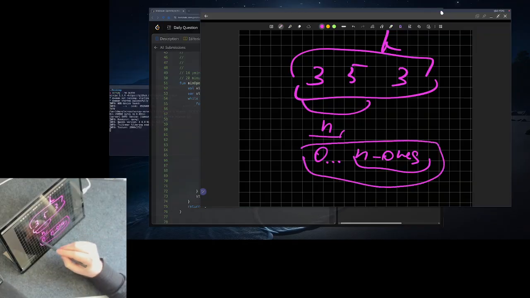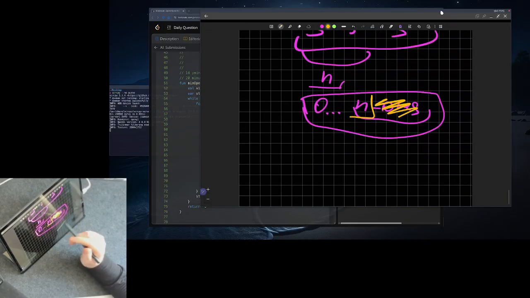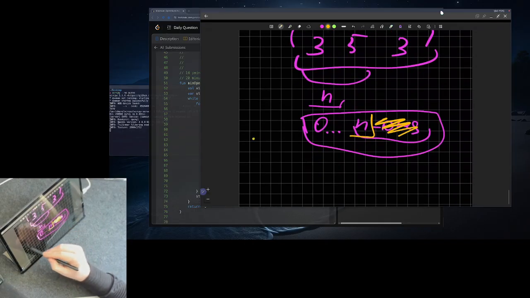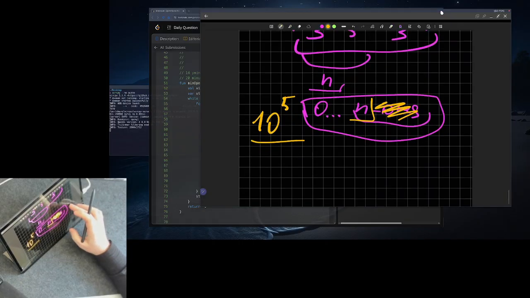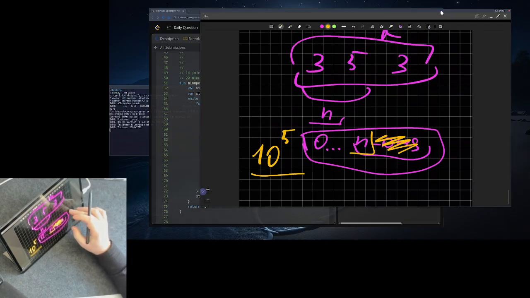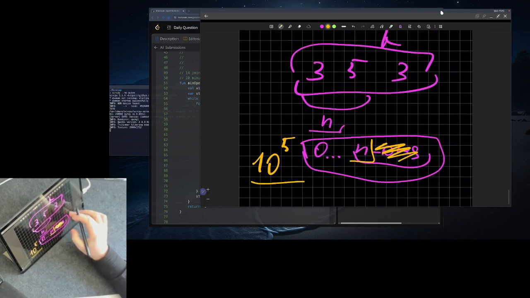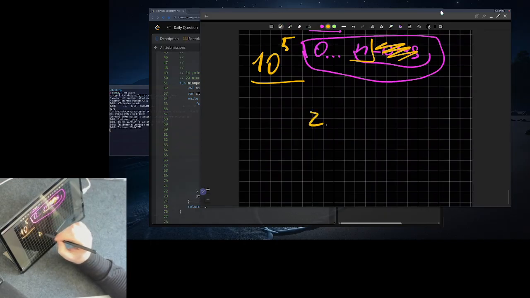Oh, I think I had a mistake. n is the maximum number of zeros we can have. So this is the space, and the space is 10 to the power of 5. So it's still big. However, we now have a finite space, and now let's look at the number of zeros as our state.